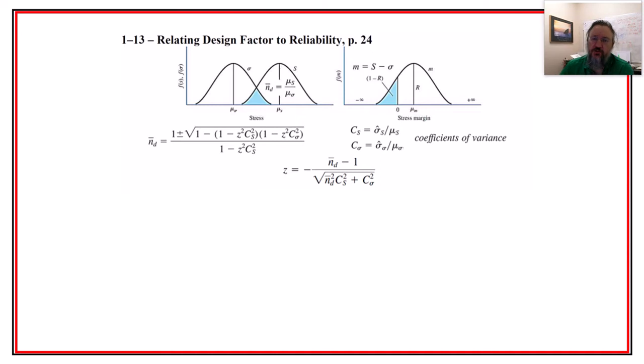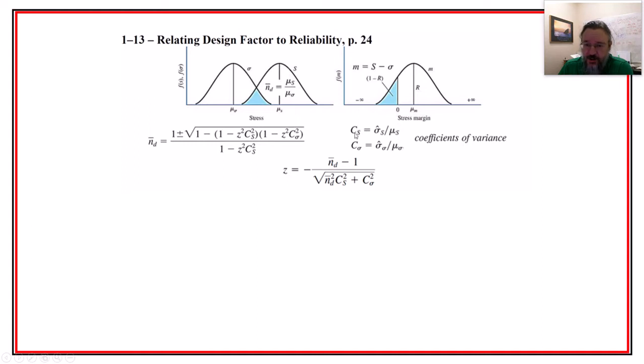If you overlay them, this little intersection right here is the population that's going to fail. So we can use the coefficient of variance, which is just the standard deviation divided by the average.